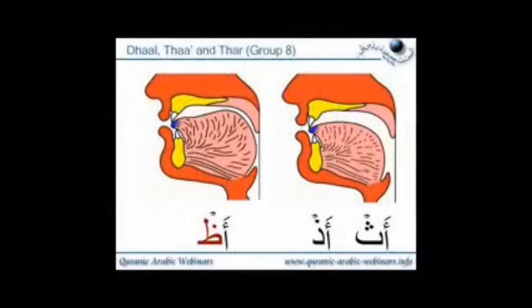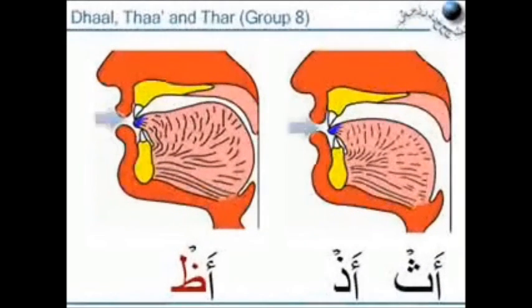Next group is where the tip of the tongue is between your upper and lower front teeth, so not outside the mouth, just very slightly. So we have the letters tha, dhal, and dha, and that will give the sound of ath, adh, and aldh.